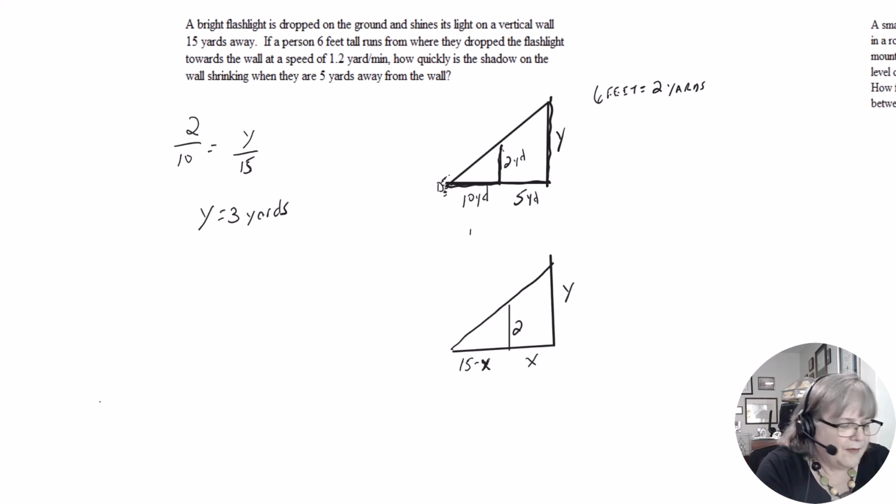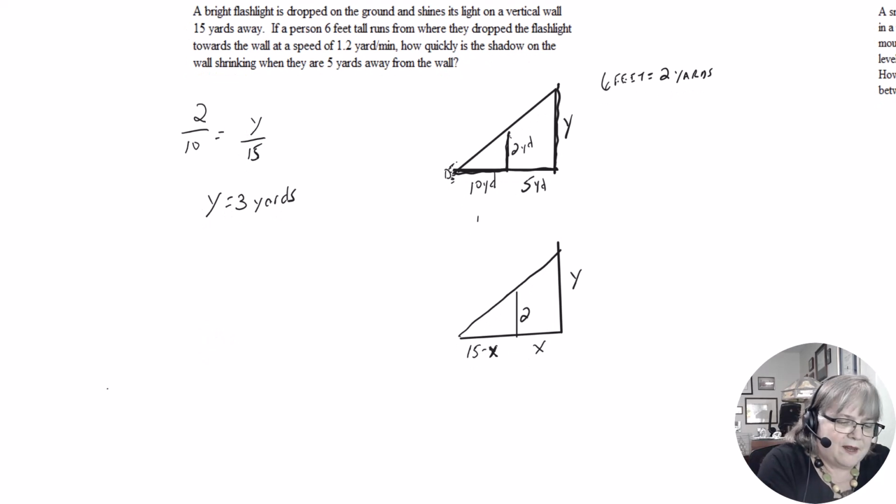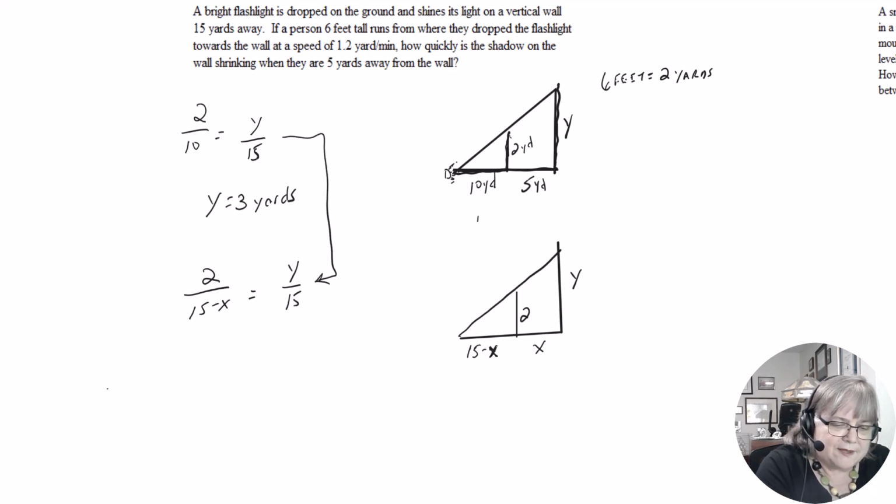Now, let's set up our generic equation. So 2 is to 15 minus x as y is to 15. The y is to 15 is the same, but now what I'm saying is that may not be 10.